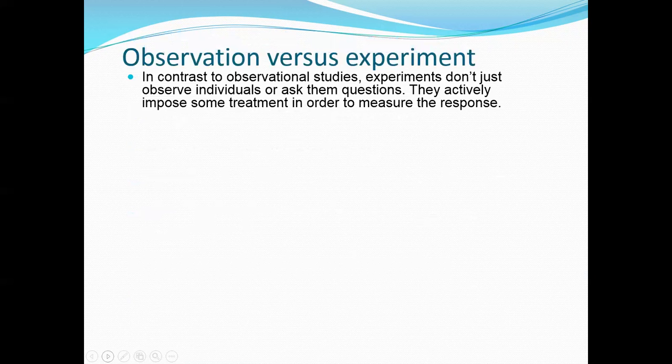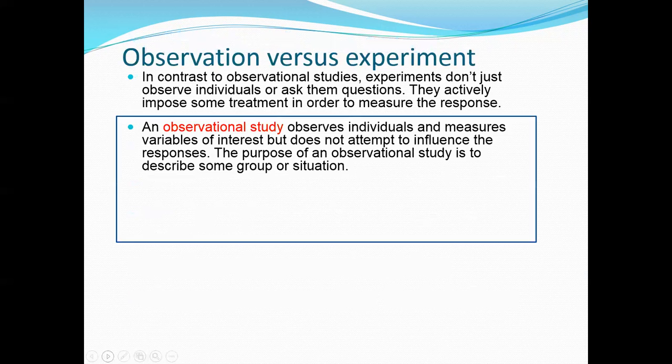Observation versus experiment. In contrast to observational studies, experiments don't just observe individuals or ask them questions. They actively impose some treatment in order to measure the response. An observational study observes individuals and measures variables of interest but does not attempt to influence the responses.